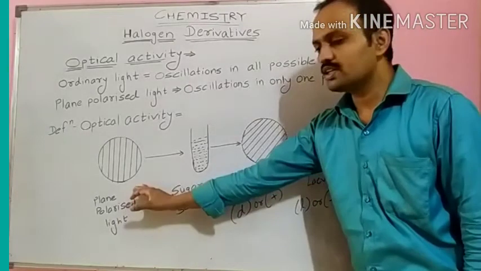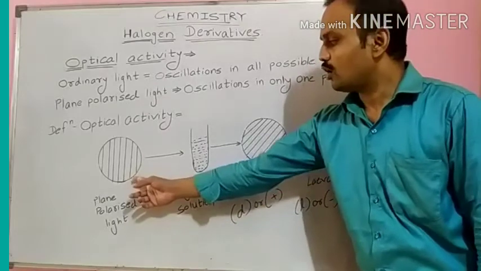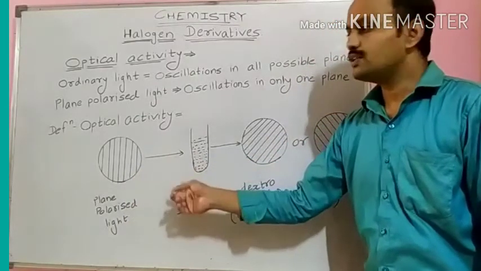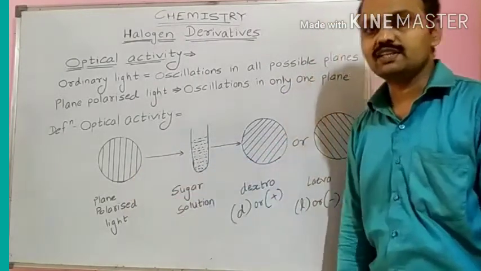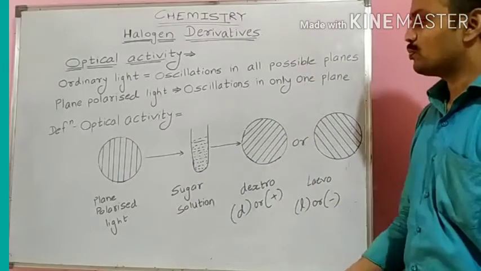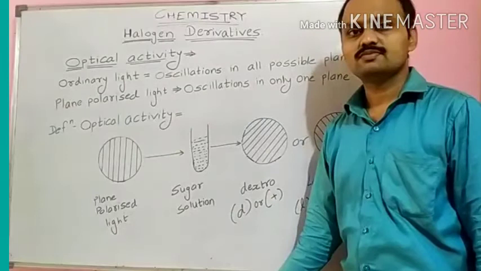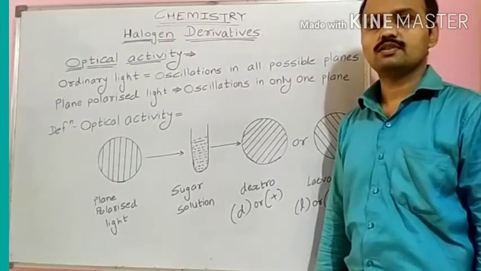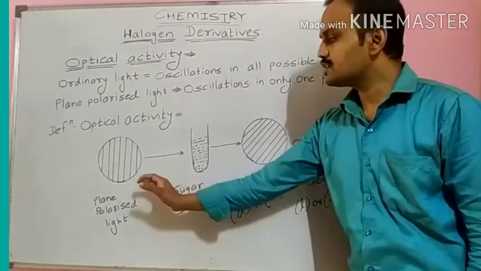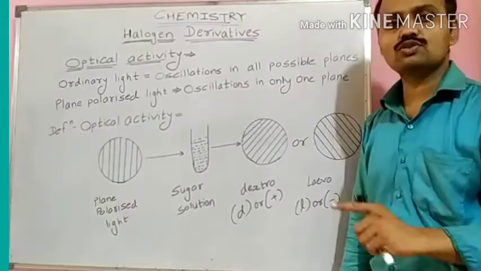And isomerism in which optical isomers have different optical activity is called optical isomerism. Such optical isomers are enantiomers.